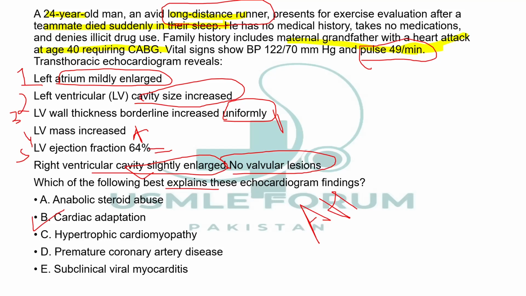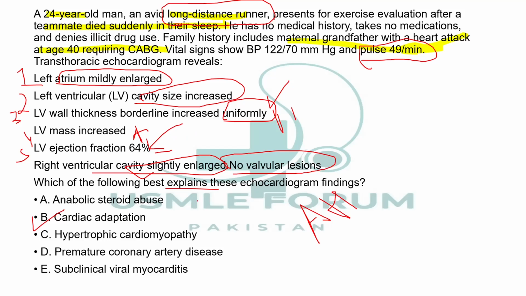This question you will encounter in the NBMEs, in UWorld, and in the real paper. This is very important. You have to remember all these adaptations. The difference I have explained is the difference from hypertrophic obstructive cardiomyopathy. This will not decrease in normal physiologic adaptation.